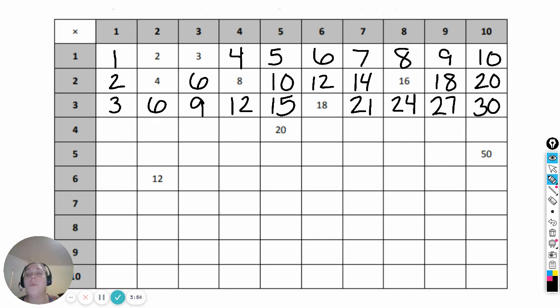Now we're at the 4's, which is skip counting by 4's. I'm going to give you a couple minutes, and I want you to skip count by 4's 10 times. What that means is I want you to write down on your whiteboard all of the numbers that will fill in these blanks.